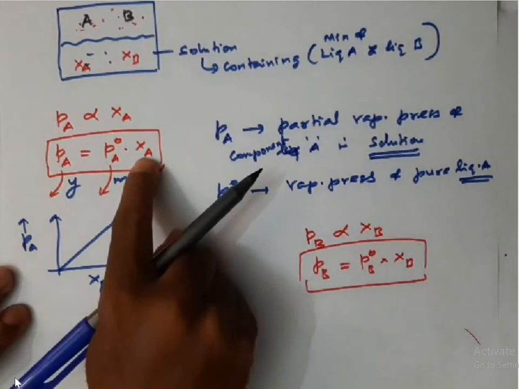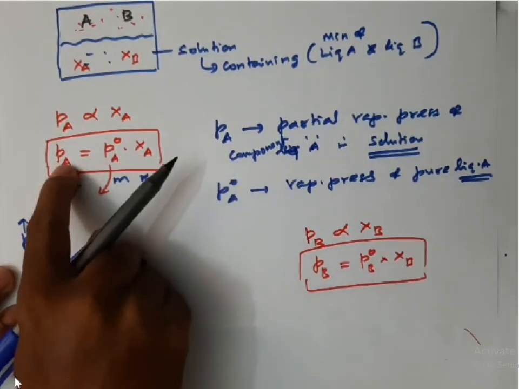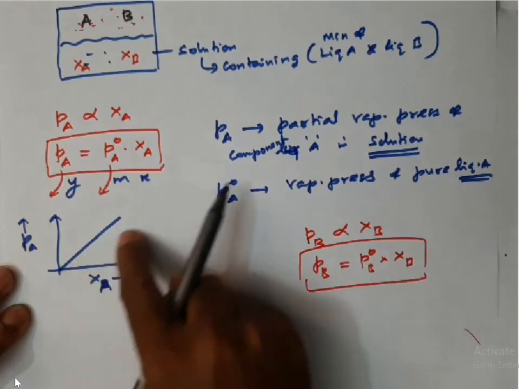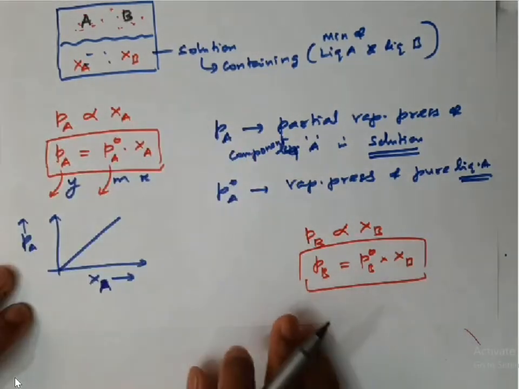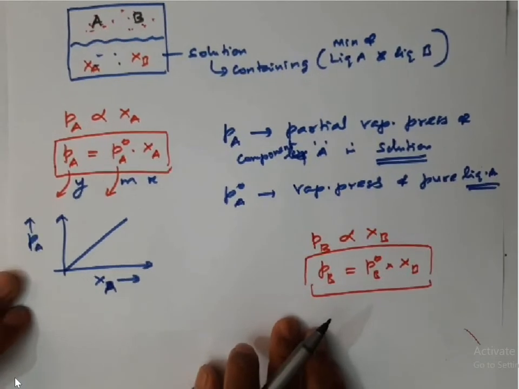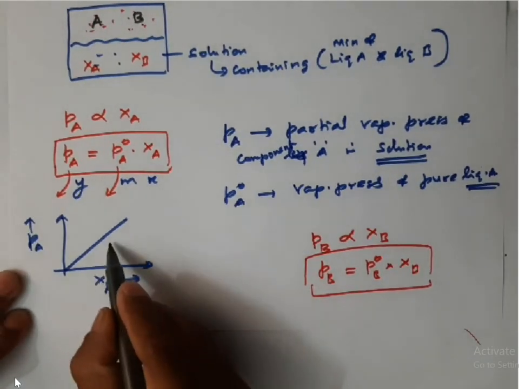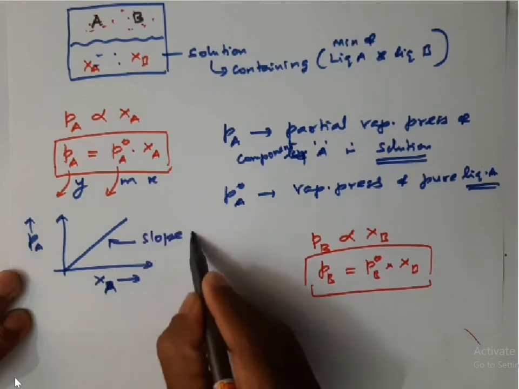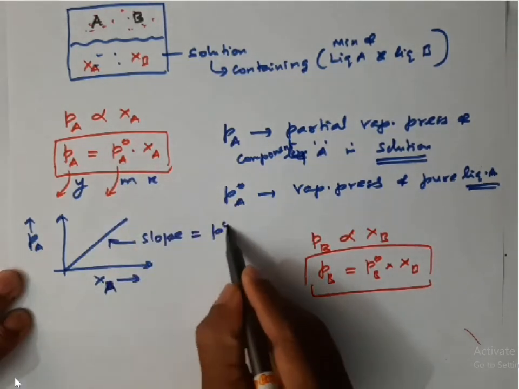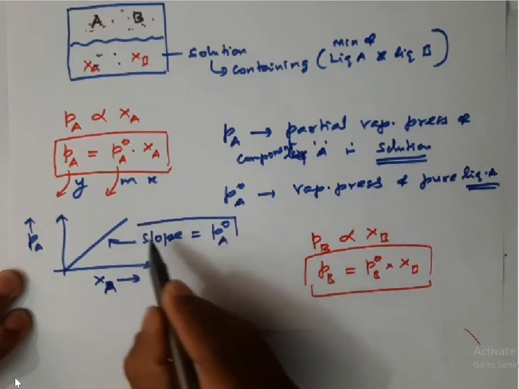As mole fraction of A increases, vapor pressure also increases, at a particular temperature T. Now the slope of this straight line, what is the slope? The slope is equal to P naught A.